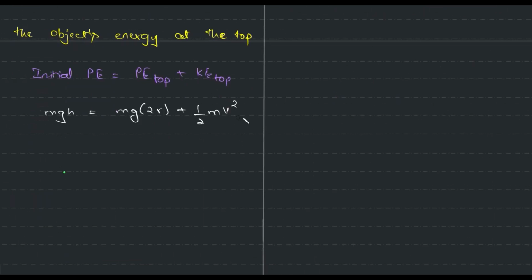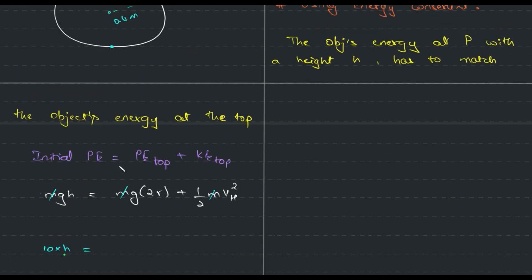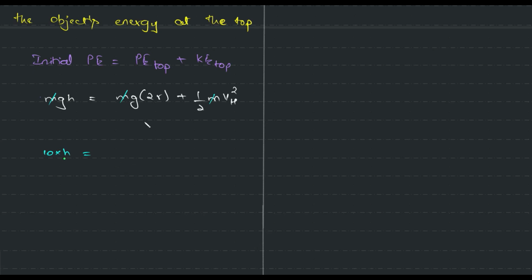No confusion, let me write h itself. So everywhere we have the mass, that is to be ignored. This is 10, this is h, this is what is radius? 0.4 times 2 plus half, this is 4, 1s are 2s are. So h is equal to 10 by 10, that is 1 meter.